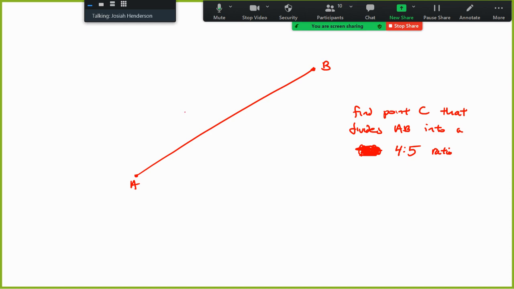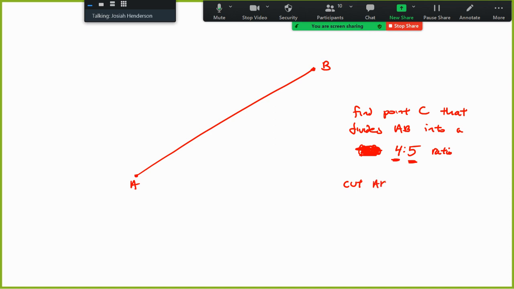What it means is we're cutting up the whole thing AB, the whole segment, into 9 equal chunks. Where's the 9 coming from? It's 4 sections and 5 sections, 4 and 5 together.